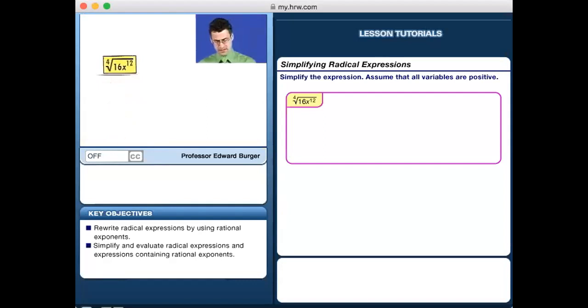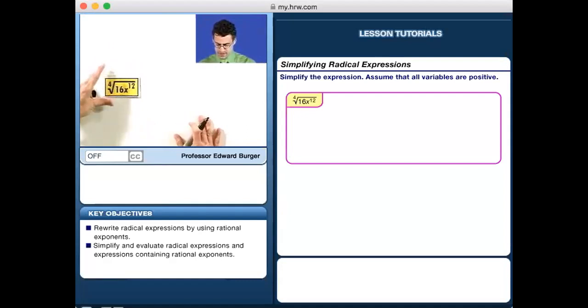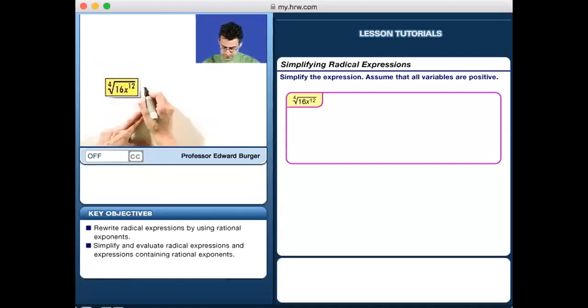Let's simplify this. We're taking the fourth root of 16 times x to the 12th. How to think about this? The first thing I'm going to do is use the properties that I know about roots. I can break this up into the fourth root of 16 times the fourth root of x to the 12th.